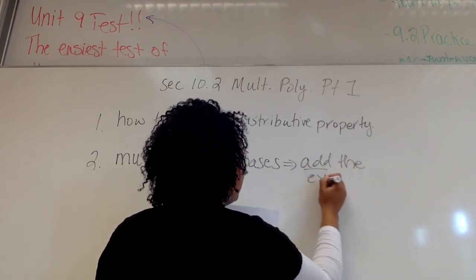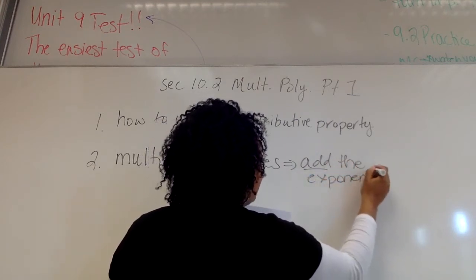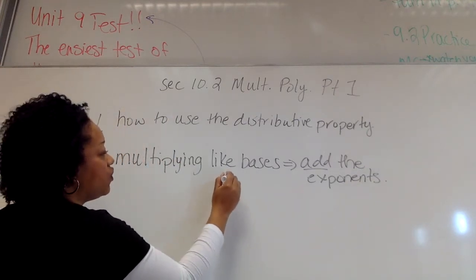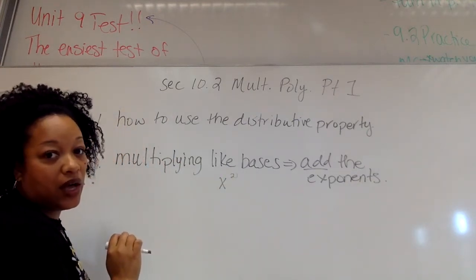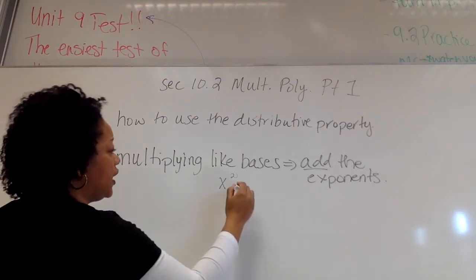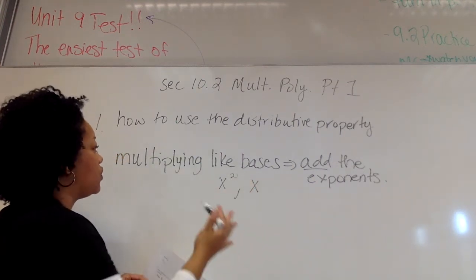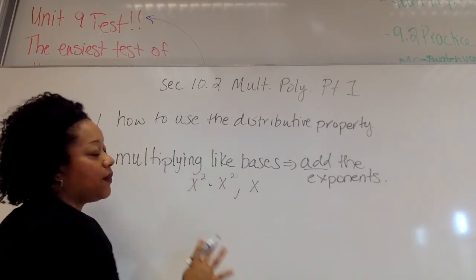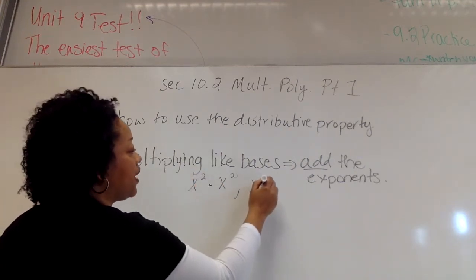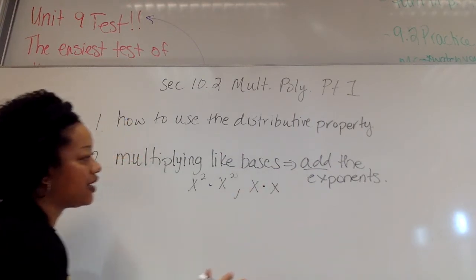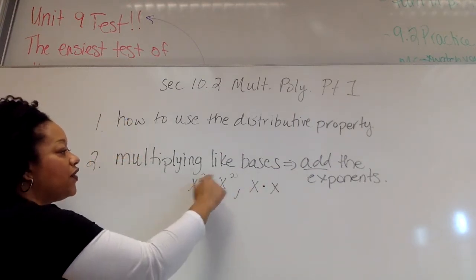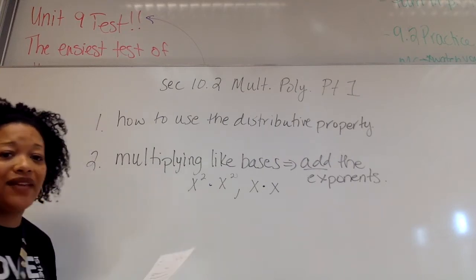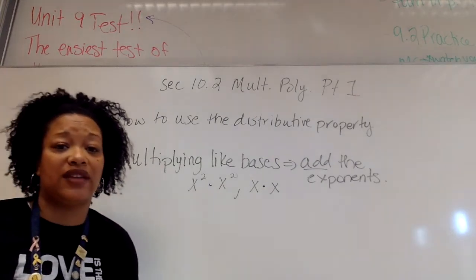So that's going to come up in this lesson because your like bases are going to be your x squareds. Or if you have just x terms or whatever, you're going to be multiplying something x squared times something x squared. Or you're going to be multiplying something times x times something times x. So you've got to remember that we would add those exponents to get your product. Basically, those are the two things that you need to remember for today's lesson.